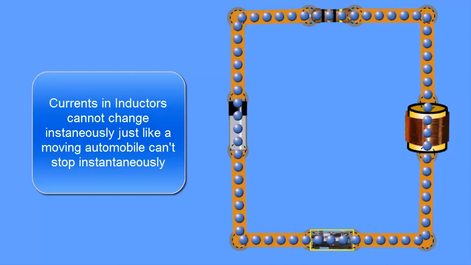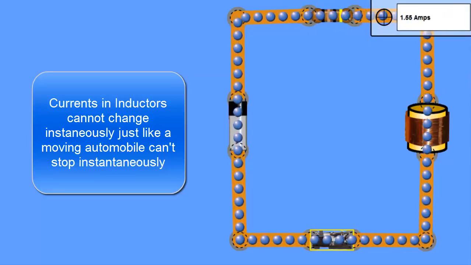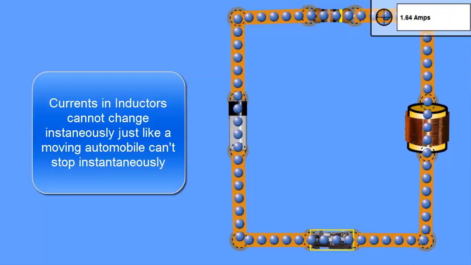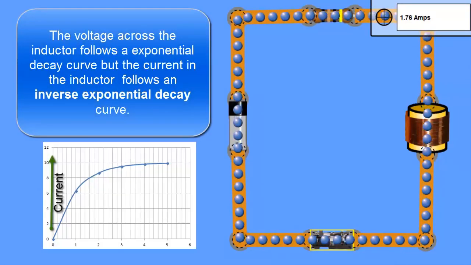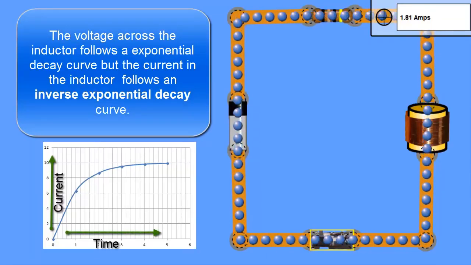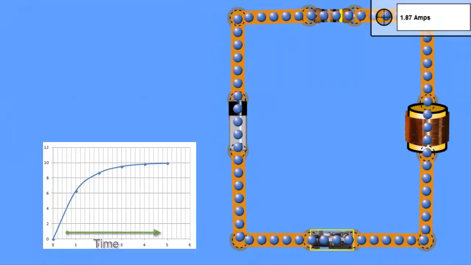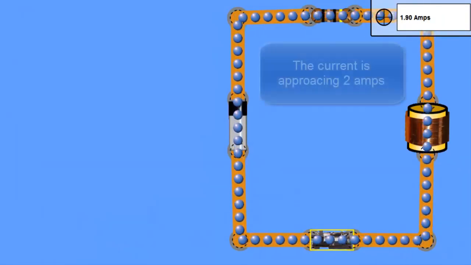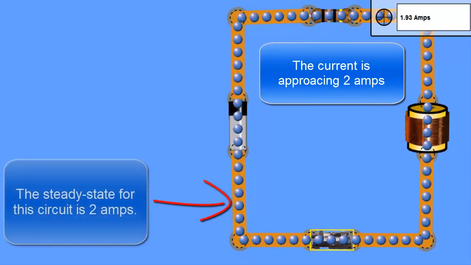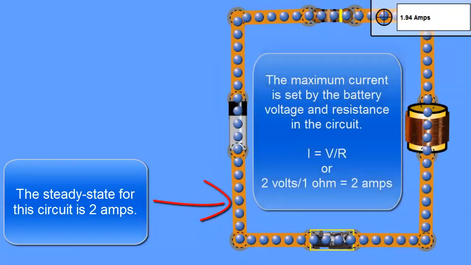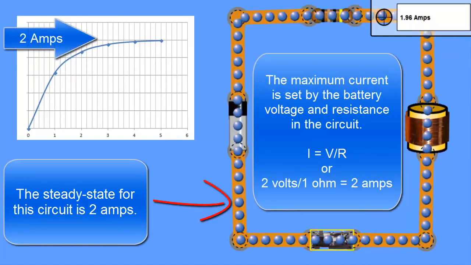Let's look at what's happening to the current here. It's at 1.5 amps and climbing. This is really odd behavior for a circuit. The current didn't come up to the value that we expected, but it's approaching 2 amps, because as you look, the current is changing less and less rapidly as we get closer to 2 amps.